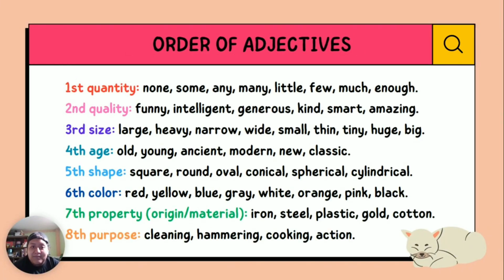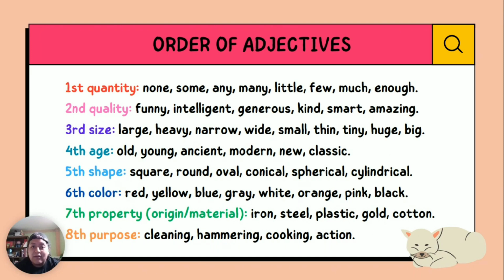Order of adjectives. The first category is the quantity. For example, none, some, any, many, little, few, much, enough, and more.